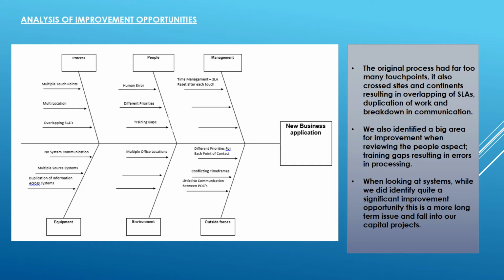When we look at the people side of it, what are we opening ourselves up to? Using people to administrate these documents, we leave ourselves open to human error. We also have different priorities. What I mean by this is somebody in the mailroom and somebody in the sales team might look at a new application in a very, very different light.